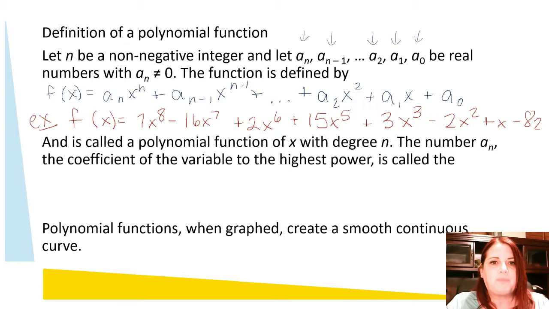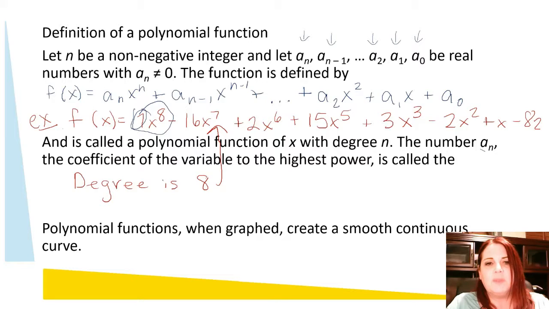So this is a polynomial function f of x with a degree of n. And in this example, the degree of that polynomial is 8. And what I want to do here is look at the coefficient, that a sub n right here, and the coefficient of that term is 7.